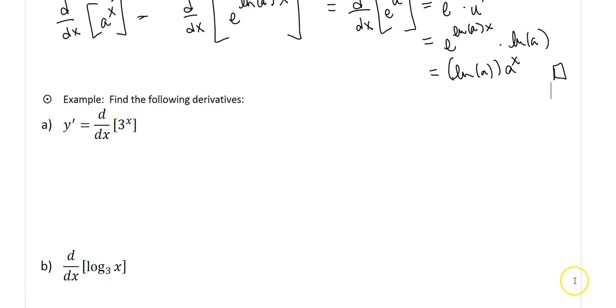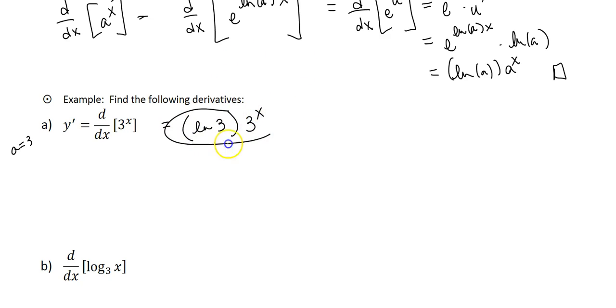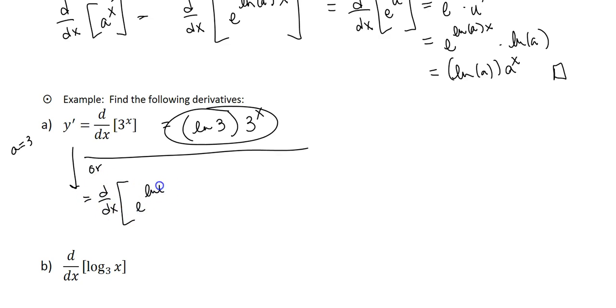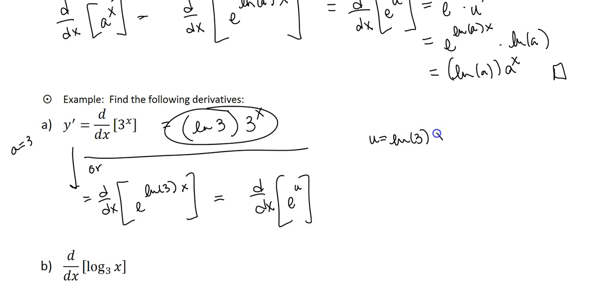So when we go to use these, we can either do that process or we can use the formula. In this case, my a is 3. If I wanted to just use the formula, this would be the natural log of 3 times 3 to the x, and then you're done. Or if you don't remember the formula, this would be the derivative with respect to x of e to the natural log of 3 times x, which is the derivative of e to the u, where u is the natural log of 3 times x.